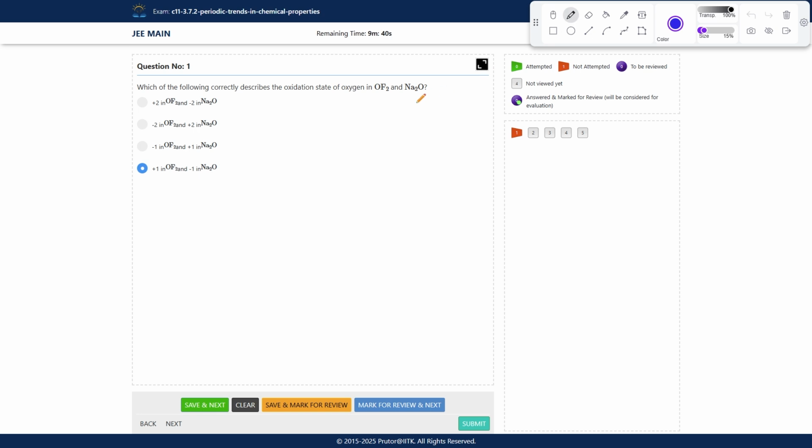Which of the following correctly describes the oxidation state of oxygen in OF2 and Na2O? So this is a very simple one. What will be the correct answer for this? You have to simply look for the oxidation state of oxygen in OF2 and Na2O. Since fluorine is more electronegative, it will have oxidation state of -1.